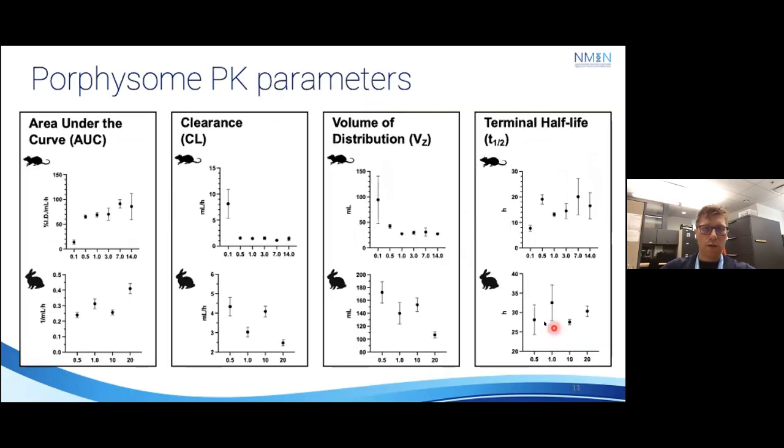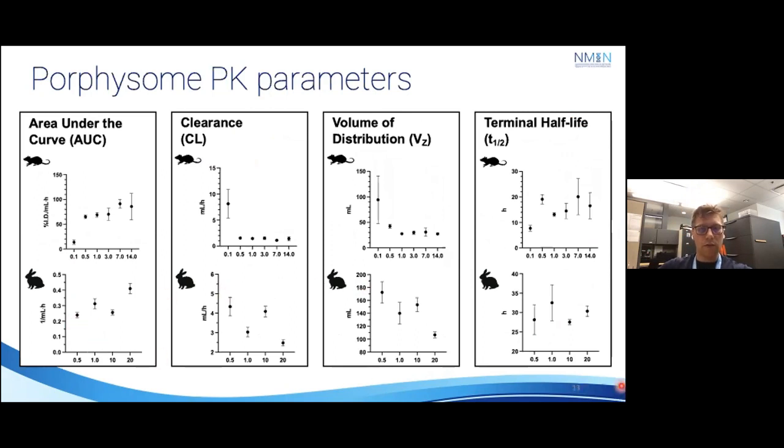From the concentration time profiles on the previous slides, we can also calculate a number of dose-specific PK parameters. So on this slide, I'm showing you the four most commonly reported parameters in nanoparticle literature: area under the curve, clearance, volume of distribution, and half-life. For simplicity, I'm also showing you only the parameters calculated in the rat, which are along the top, and in the rabbit, which are along the bottom.